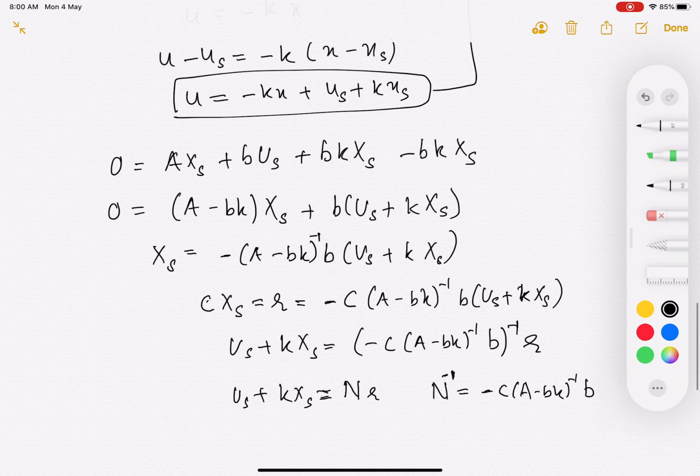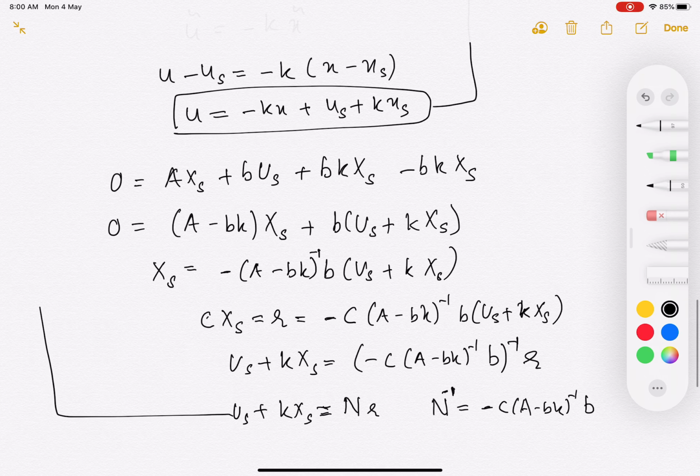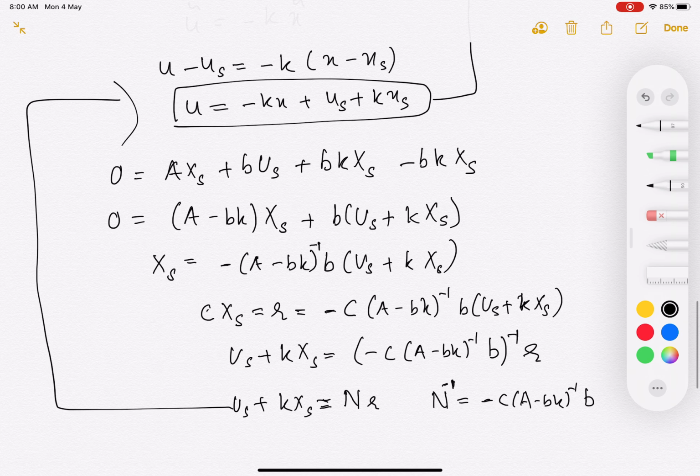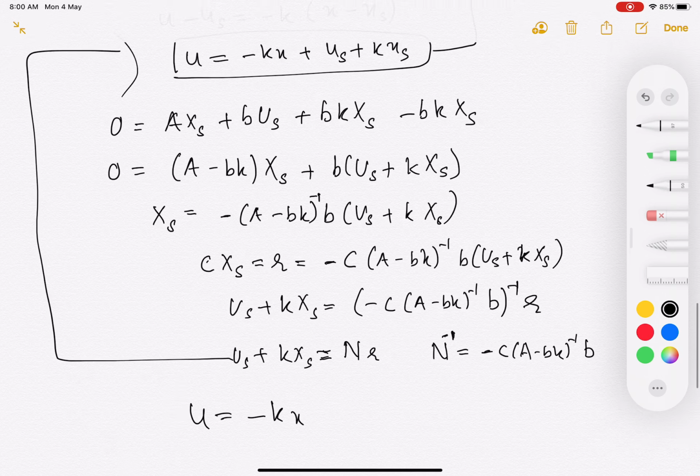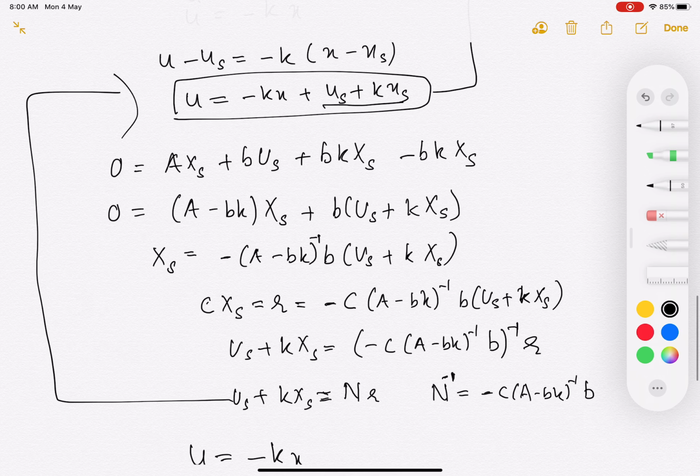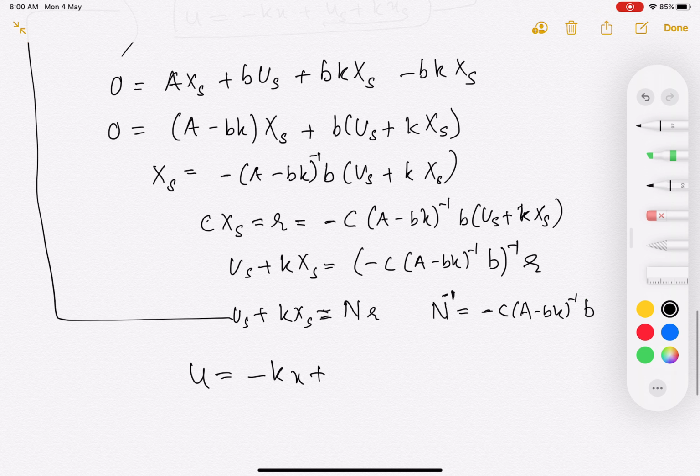So now you can use the substitution for us plus kxs that you found in the feedback law that you obtained. So your state feedback law u is equal to minus kx plus us plus kxs, which is minus kx plus nr.